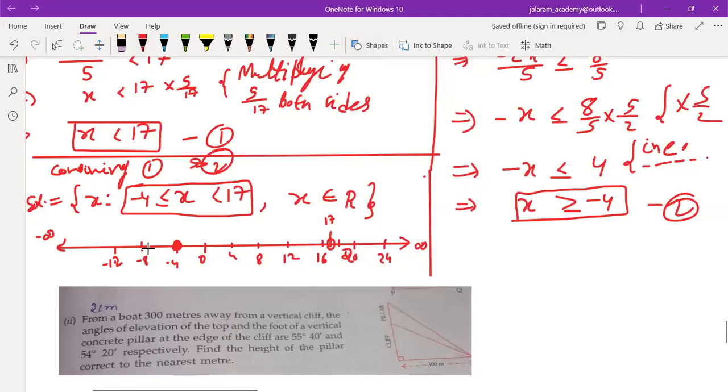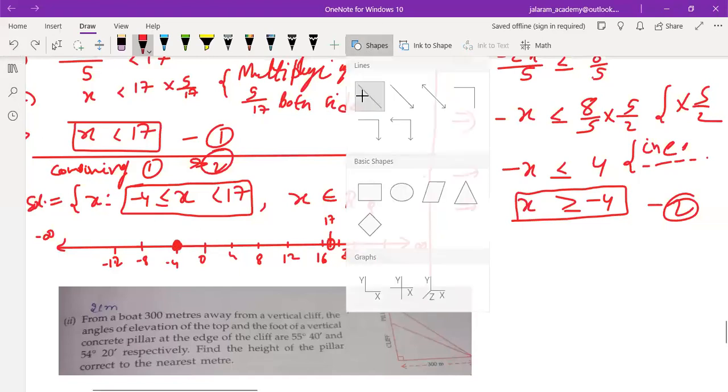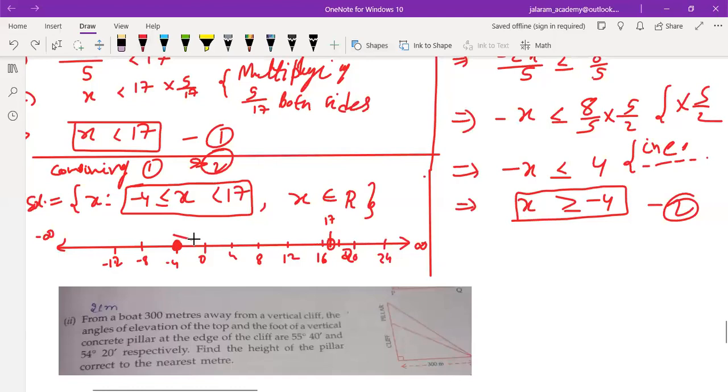Now we will draw another line to make it thick, in dark. Using pencil only, you have to do this. If you draw it by pen, you will not get the marks.